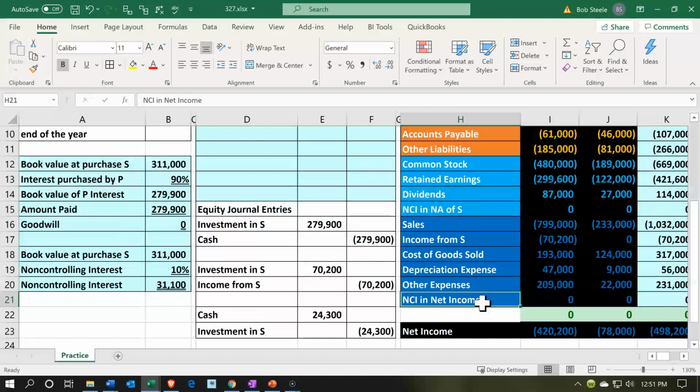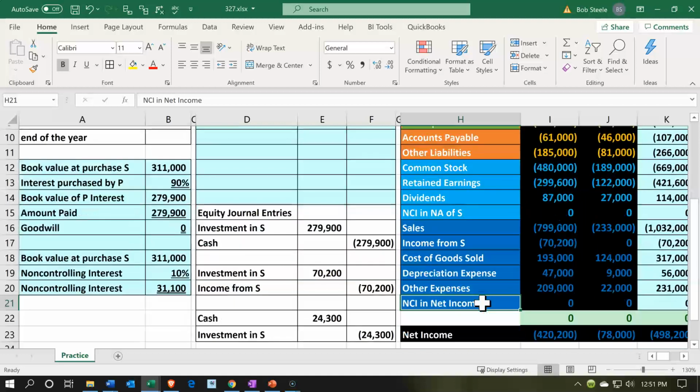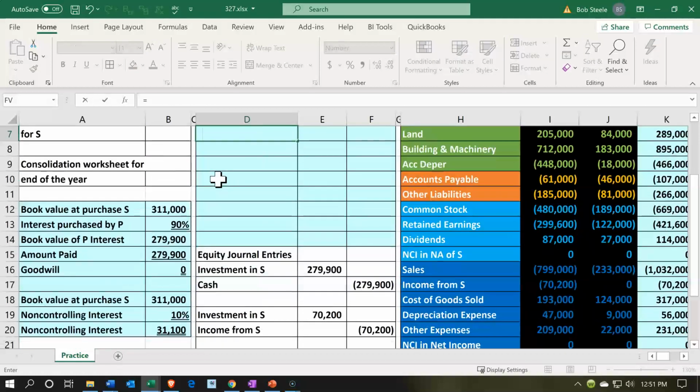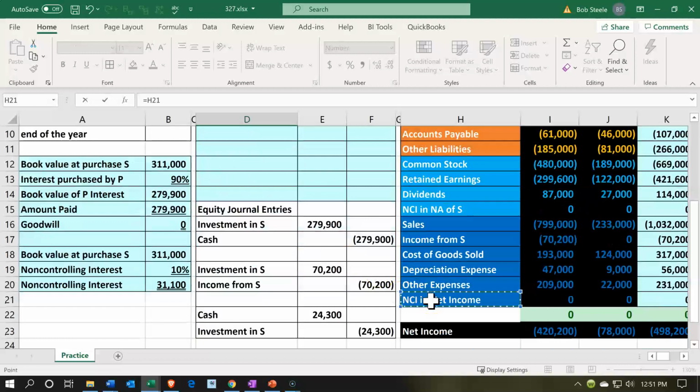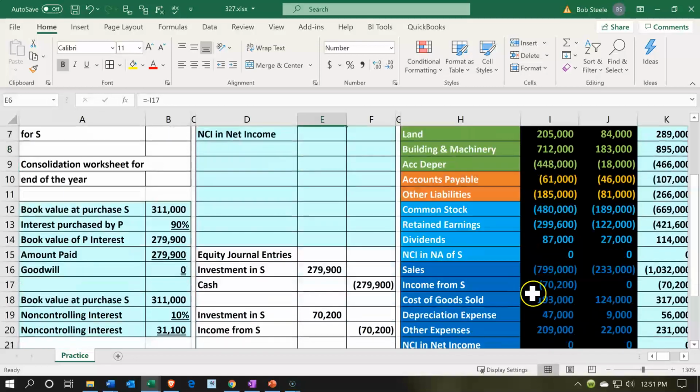So let's record the non-controlling interest in the net income first. I think it's easier to see. And that's basically going to level this one out, right? The 70,200 representing our portion was only 90% of that number.